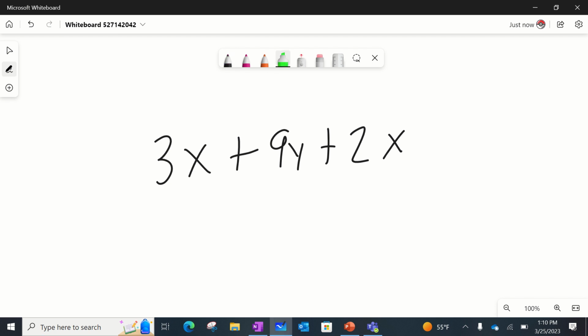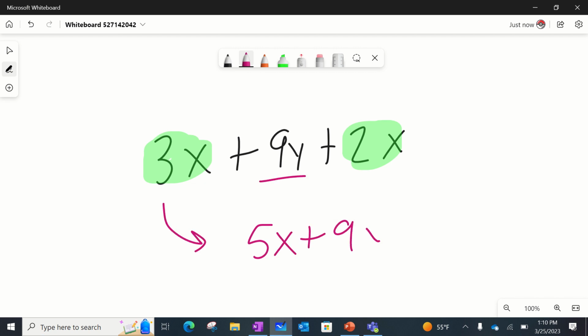All I'm doing is combining like terms, 3x and 2x being the like terms. And remember, the OCD of mathematicians is they want x before y. So 3 plus 2 will be 5x. And since this is the only thing left over, and addition is what's happening, it'll be 5x plus 9y. And that will be my answer. And that's it for that one.